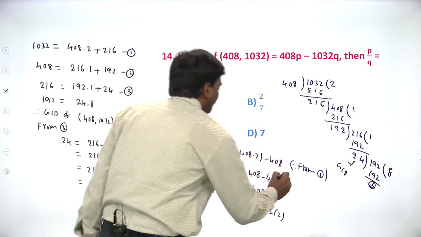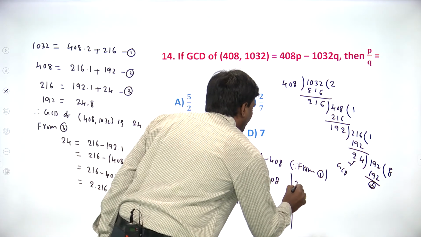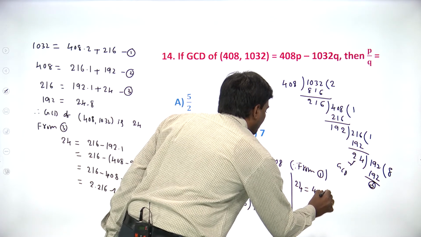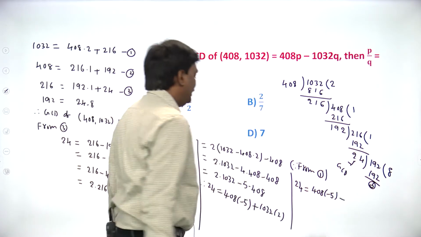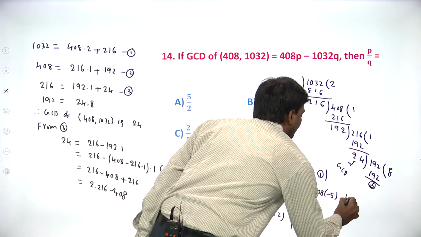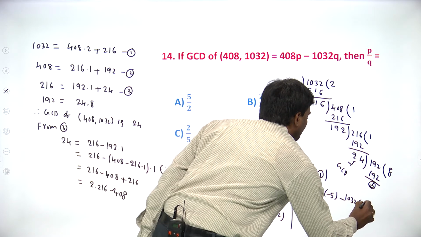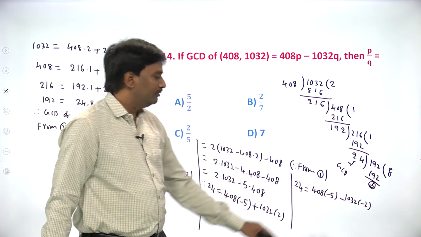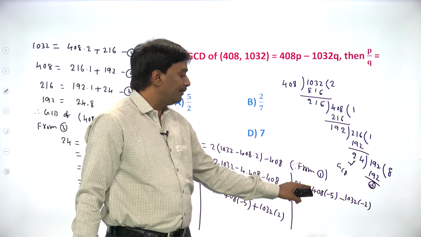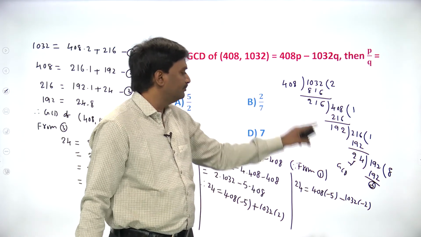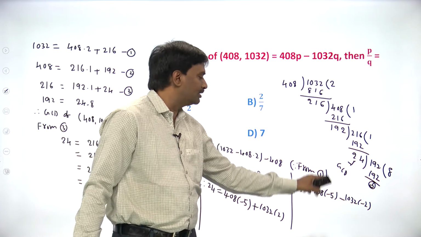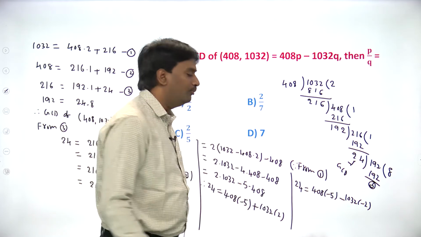So that's why we can express this as 24 equal to 408 into minus 5. Here 1032 into 2 can be written as minus of 1032 into minus 2, where minus into minus is plus only. Now if we compare, in place of P we have minus 5 and in place of Q we have minus 2.